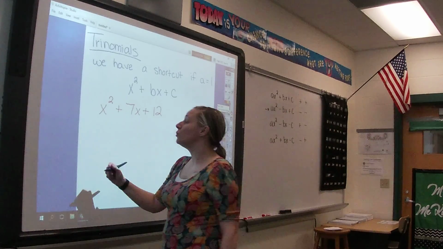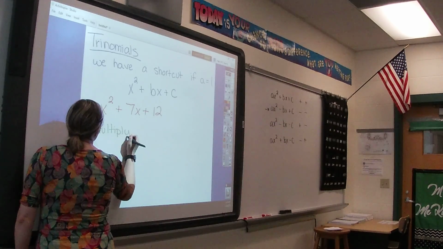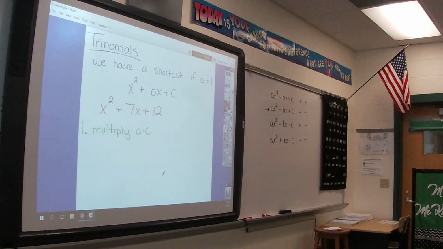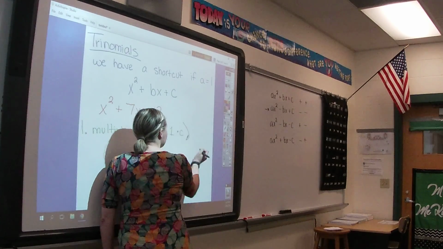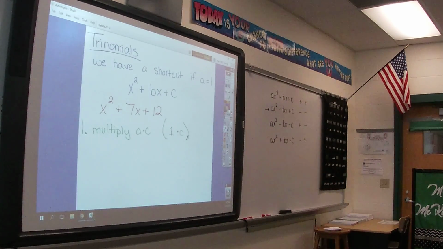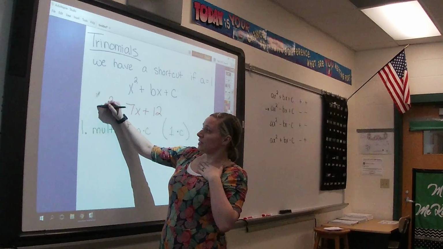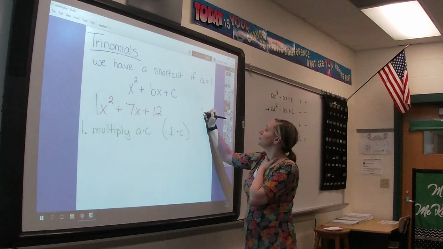We are still going to multiply 1 times 12, a times c. However, the difference today is that because a equals 1, this is always going to be 1 times c. 1 times anything is just itself, so all we're really going to be looking at is c. What is 1 times 12? 12.